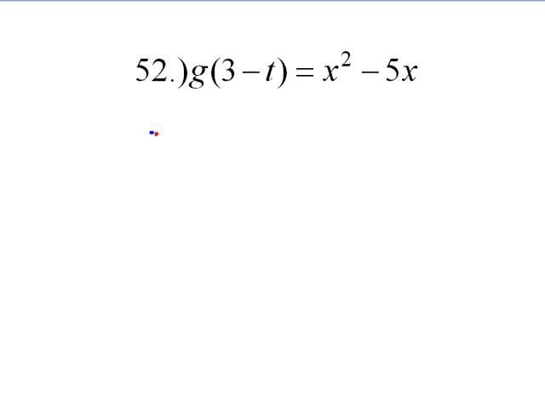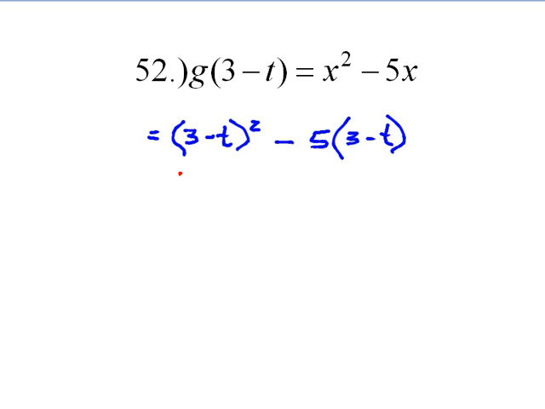So we do the same thing. We have x squared, so we have 3 minus t squared minus 5 times 3 minus t.